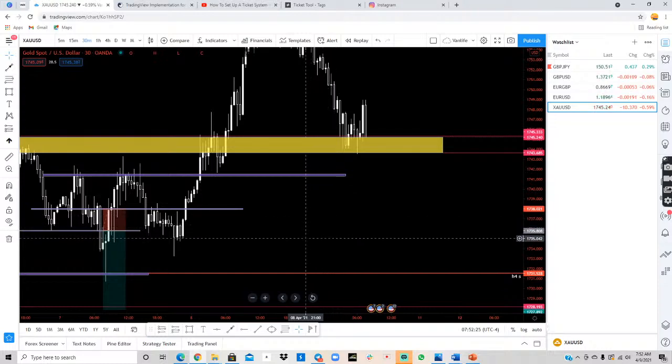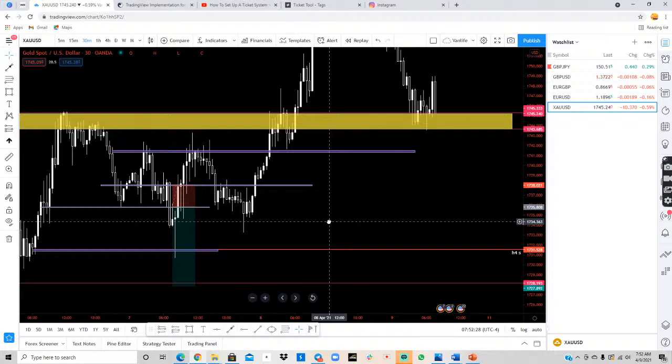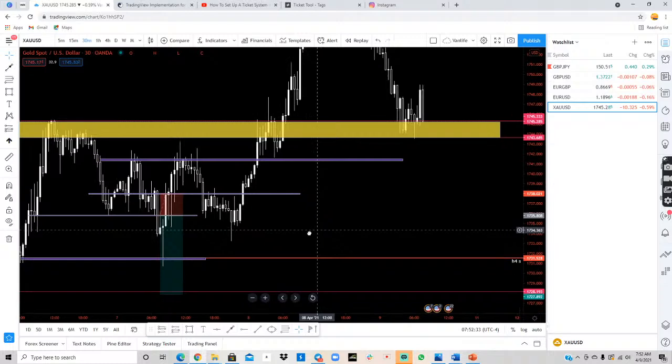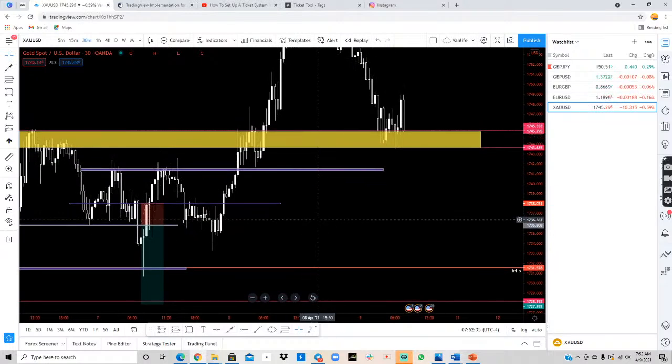Yeah, I mean, gold looks pretty choppy at the moment. Very, very choppy at the moment. Yeah, just not like the way our gold looks.